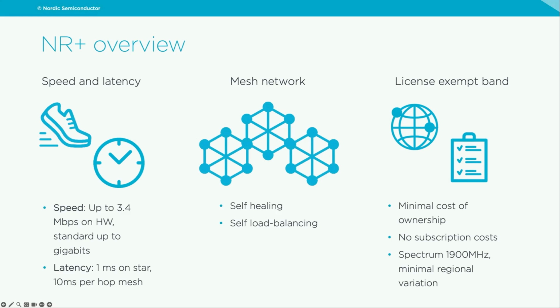But the main benefit, of course, is the license-free band, especially here in Europe, where a radio band usable for IoT applications is hard to find. There is the ISM band at 2.4 gigahertz, which is kind of full with wireless LAN and Bluetooth and other technologies.